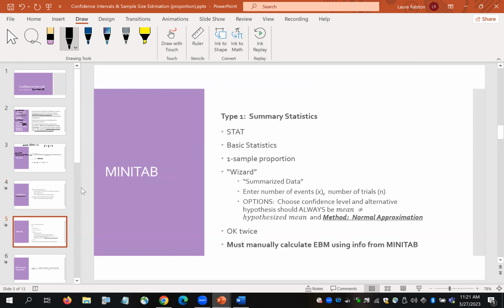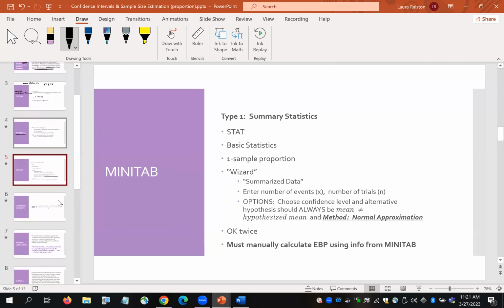The keystrokes for Minitab are on slide 5. You still have to manually calculate the error bound for the proportion using the information from Minitab. It is not a calculation that Minitab does, but the formula is the same.